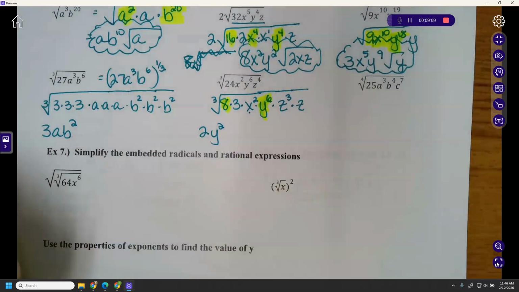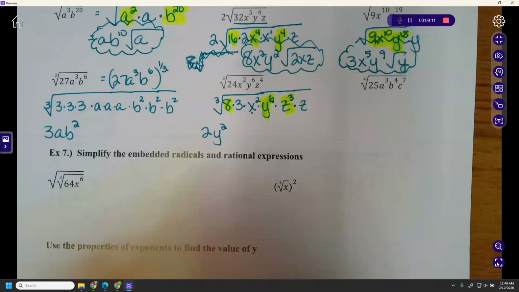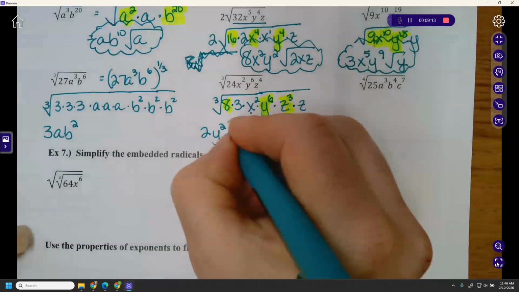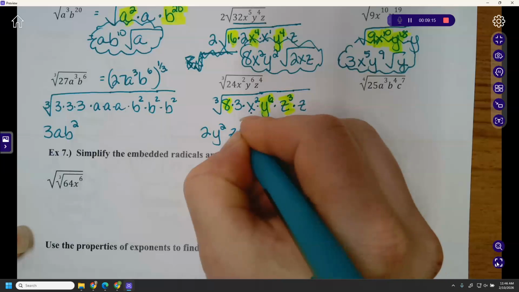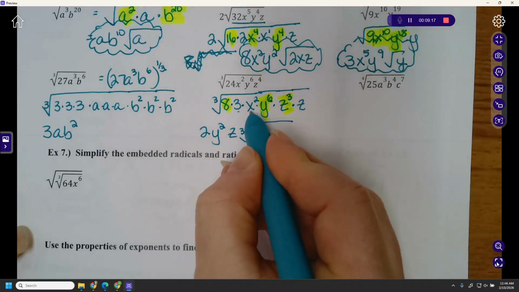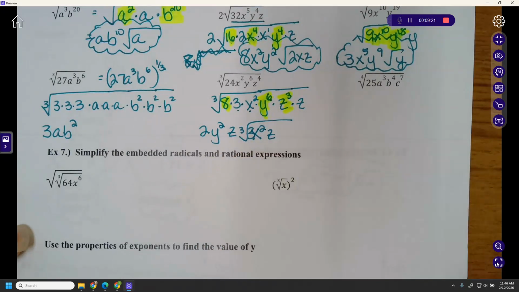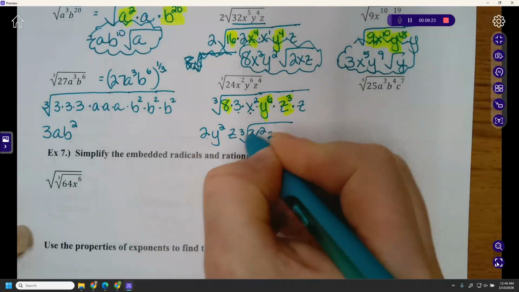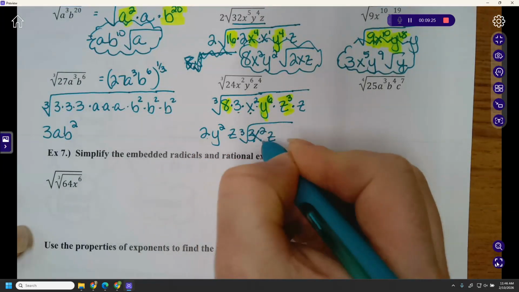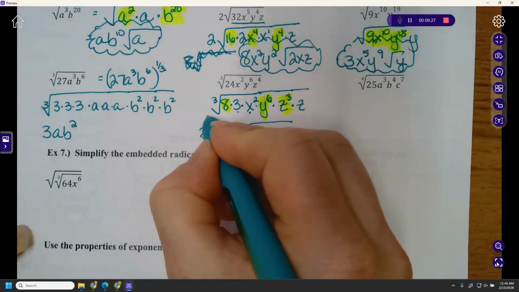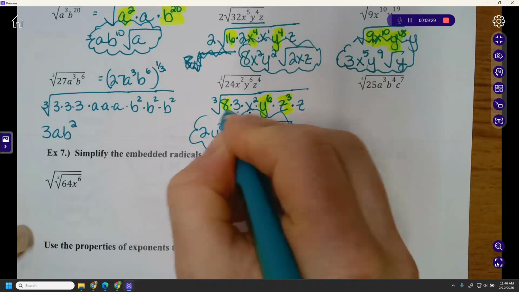The cube root of z to the 3rd is z. And what has to stay under the cube root is 3x squared and z. So this is 2y squared z times the cube root of 3x squared z. Okay.